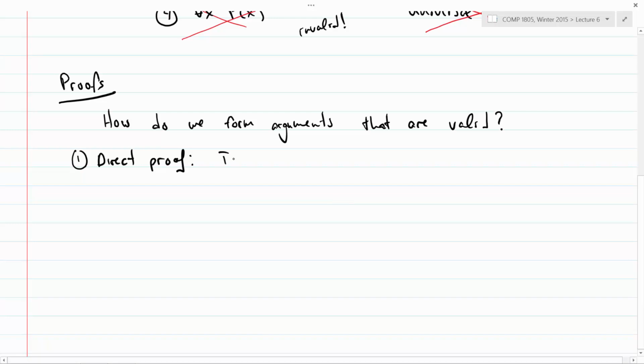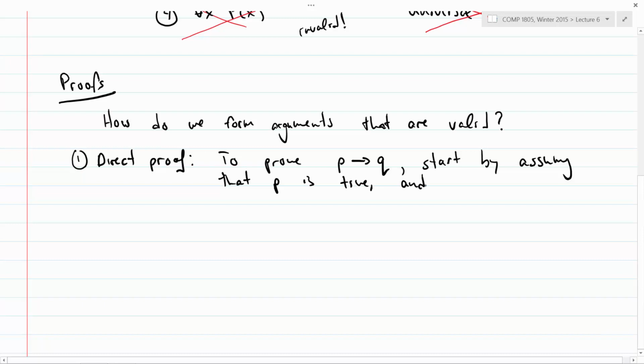So to prove P implies Q, if I want to prove that that implication is true, one thing I can do is start by assuming that P is true. And then prove that Q is true under that assumption.